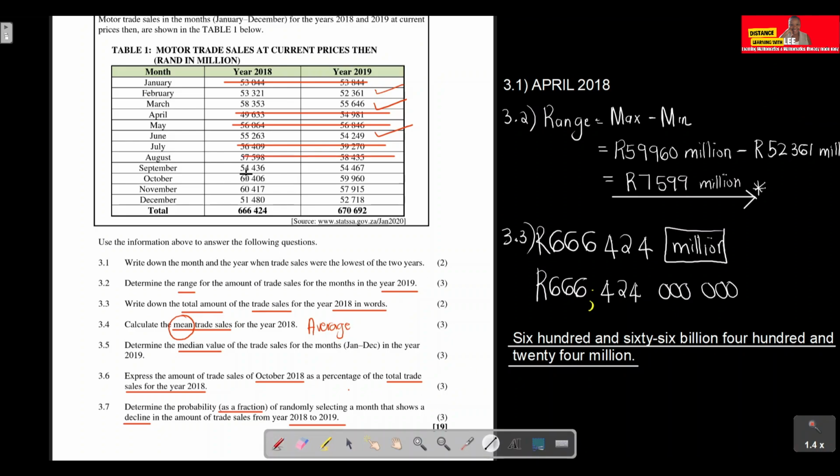Scratch it out. 544, okay, 546. We're not going to count. It's an increase. 604. It shows a decline because it goes from a 60 to a 59. This one, 4605. It shows a decline. So we are going to count. This one, 51. It shows an increase. We are not going to count. So how many favorable outcomes do you have? 1, 2, 3, 4, 5.